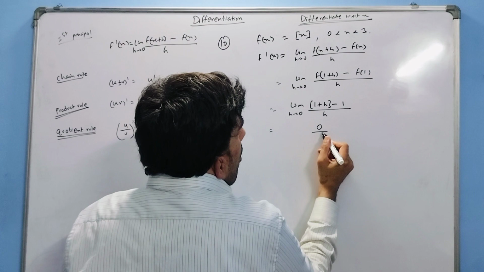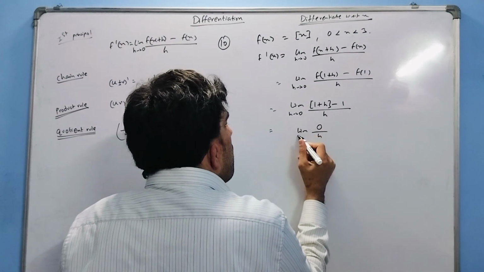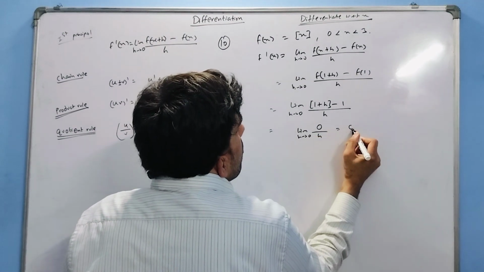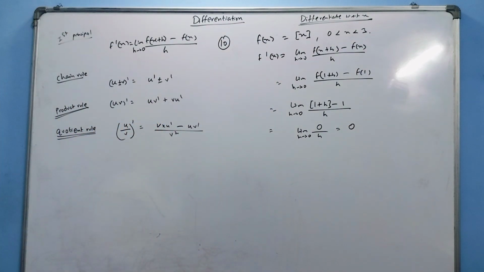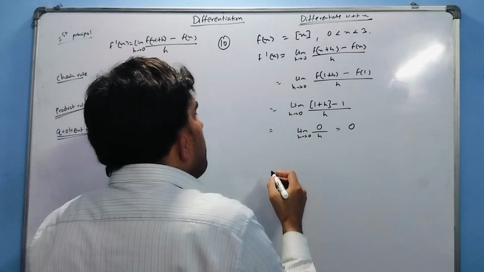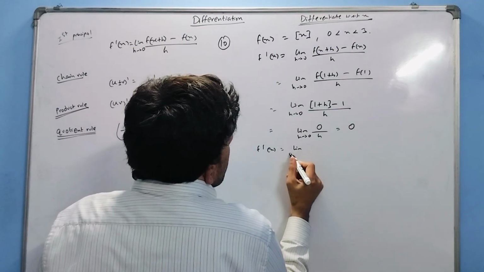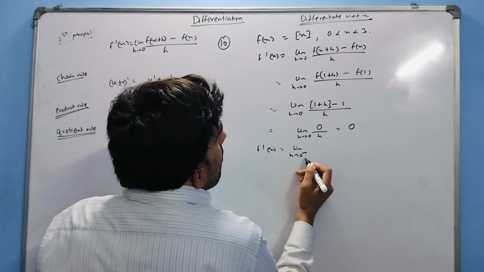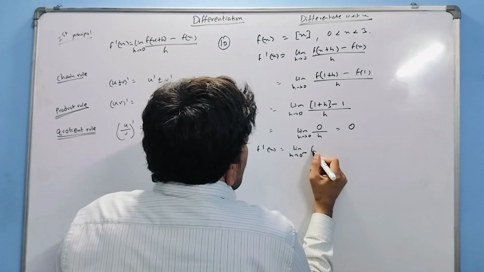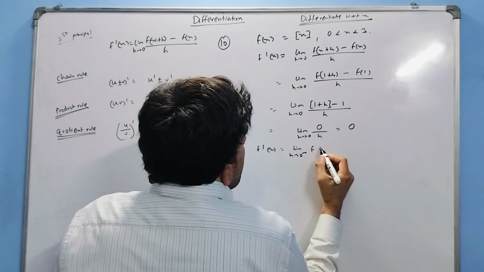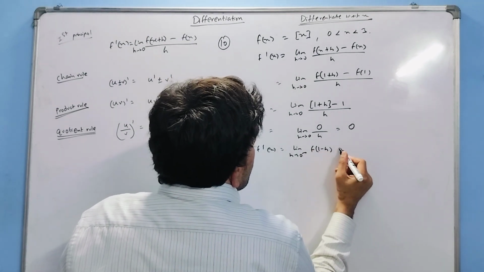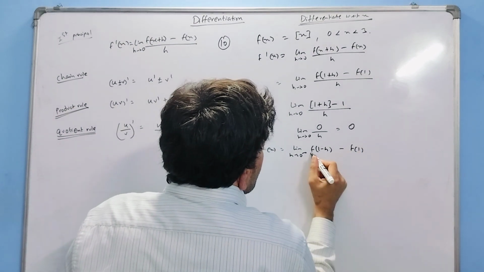So it will be 0 upon h, so it will be 0. Okay, now let us consider the LHL. h tends to 0 negative. So we'll have f of 1 minus h minus f of 1 upon h.